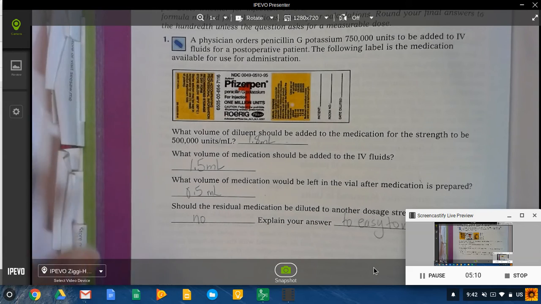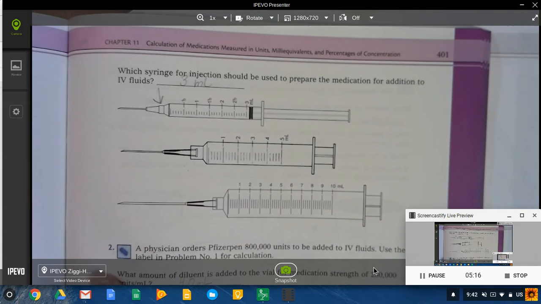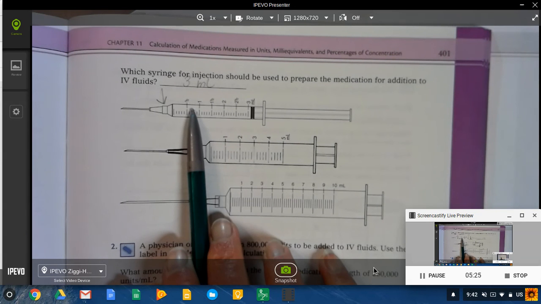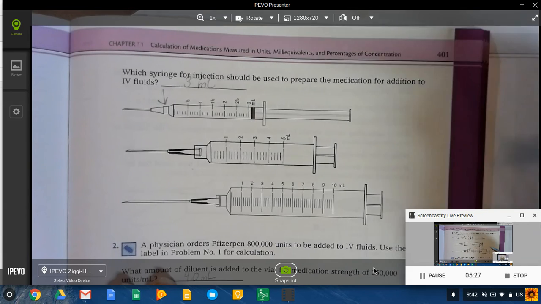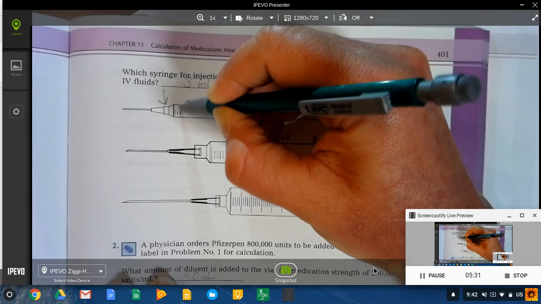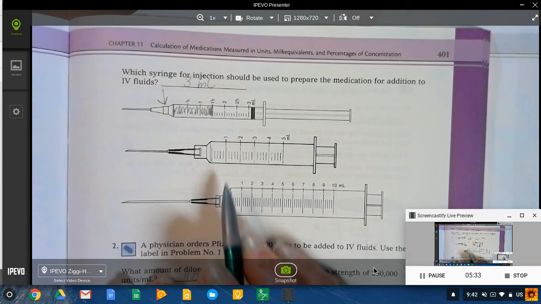Now, the next part of the question asks you which syringe should be used to prepare the IV fluids. You want to prepare 1.5 milliliters. So you would definitely use this 3 milliliter syringe because it's easy enough to prepare that much, 1.5. It's a little harder to do 1.5 here.